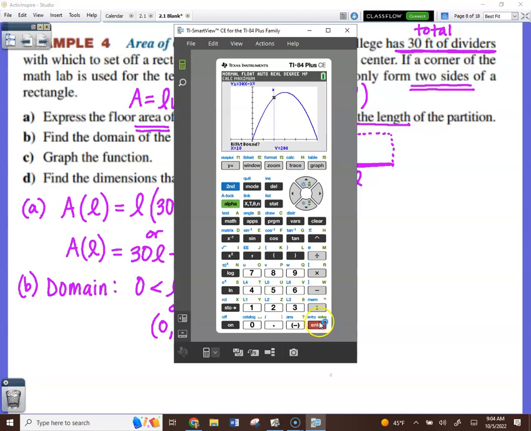It's going to ask for a left bound, a right bound, and then a guess.